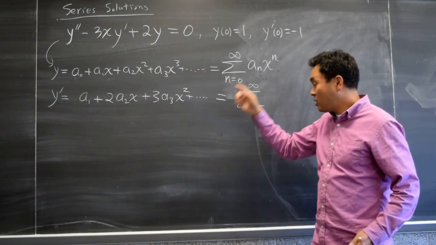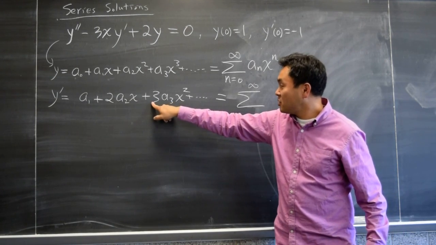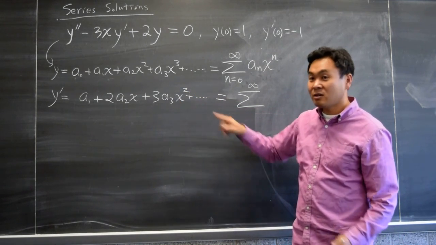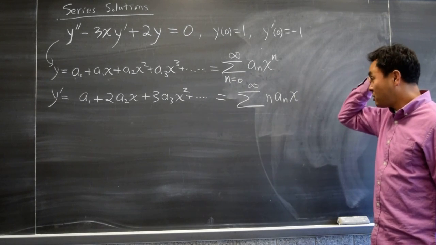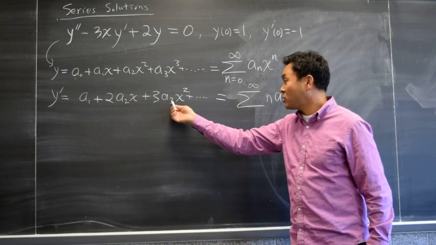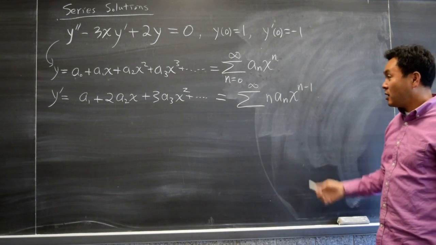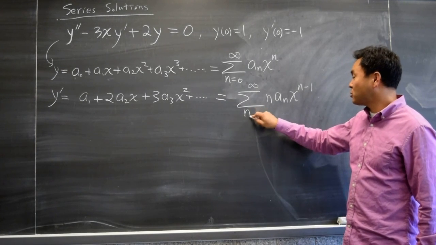If I say 3 is the n, that number is here, here, and this is 1 less than this number, right? So I can say n times a_n, and then this is x to the n minus 1. And then when does this summation start? n equals 1.